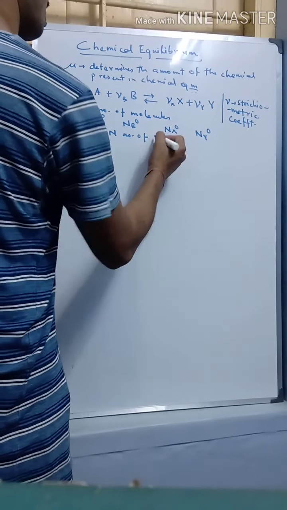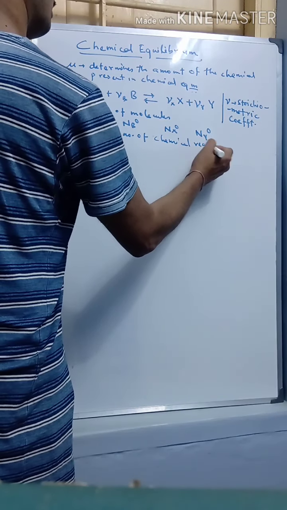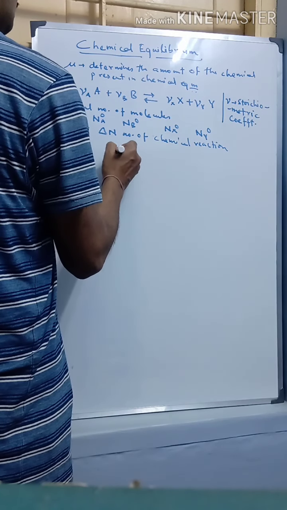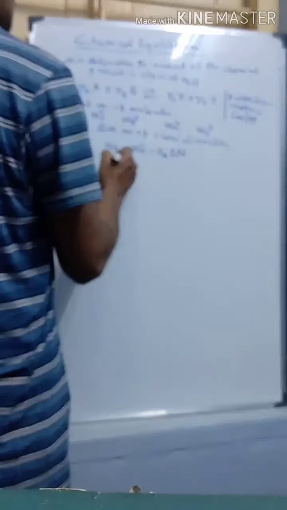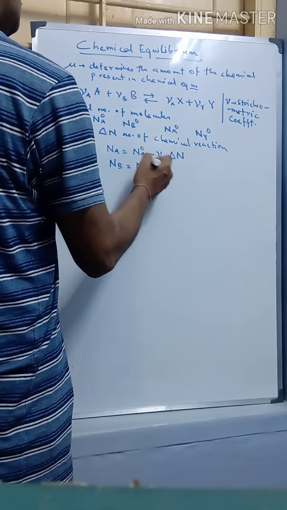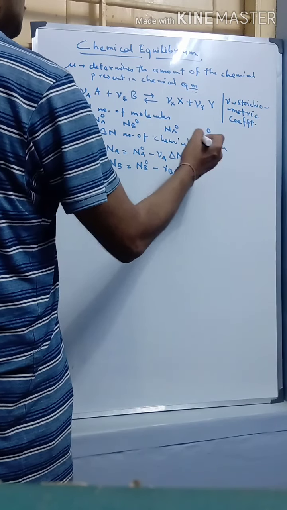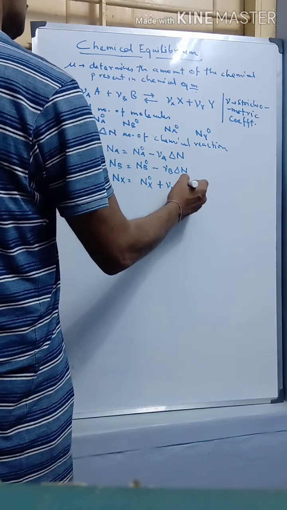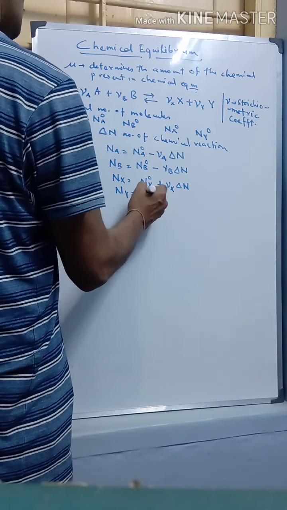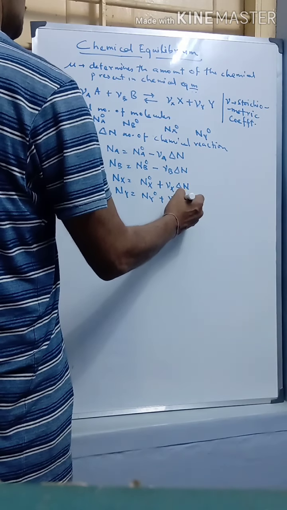So after performing delta n number of chemical reactions, the number present would be: Na equal to Na0 minus nu A delta n, Nb equal to Nb0 minus nu B delta n, Nx equal to Nx0 plus nu x delta n, and Ny equal to Ny0 plus nu y delta n.